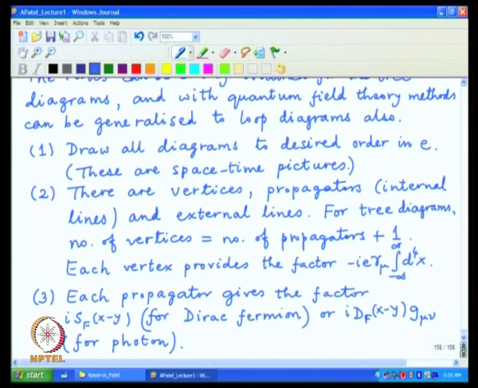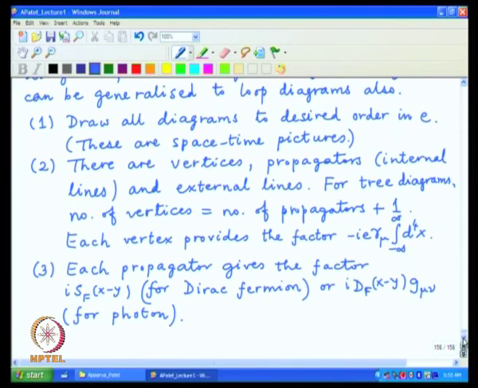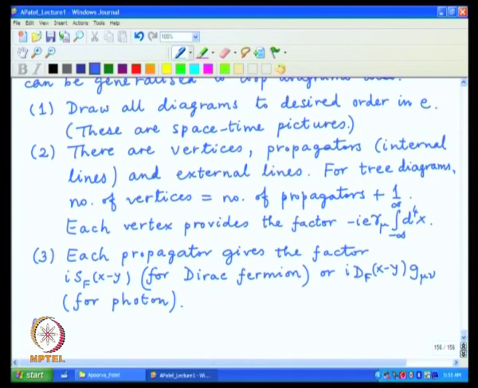So, this essentially counts the second part, that propagators each will bring in a certain weight, the vertices bring in a certain weight, and the last weight will be the external legs which will have a corresponding factor.